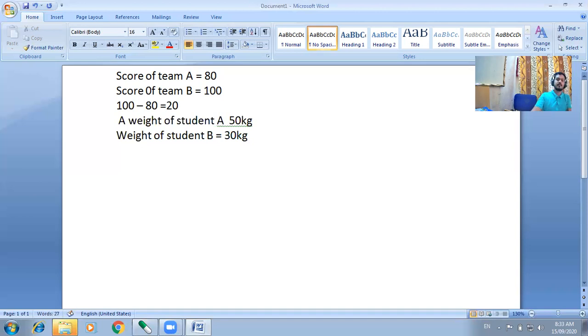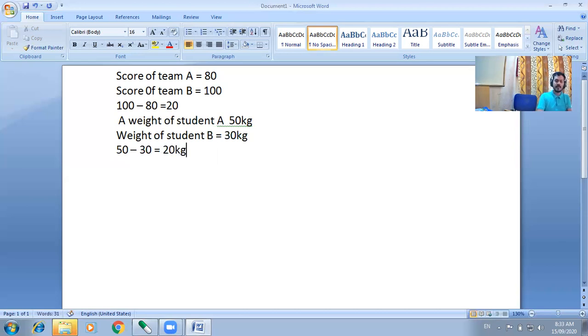Again, in our mind, some questions generally arise: whose weight is more, and by how much? So how can we say that the weight of student A is more than student B? By subtraction, because we want the difference. So the difference in their weight is equal to 20 kg.